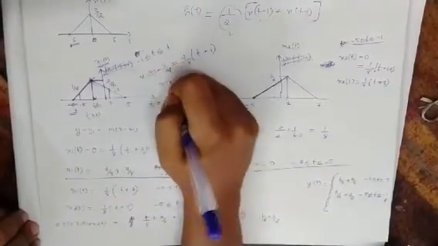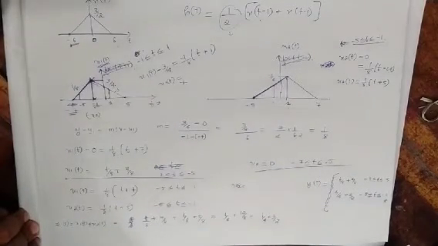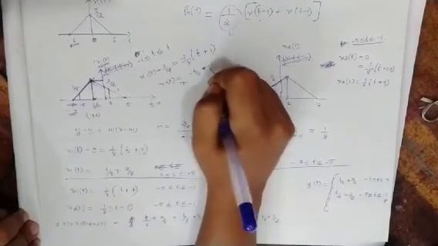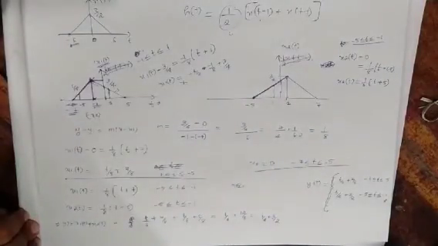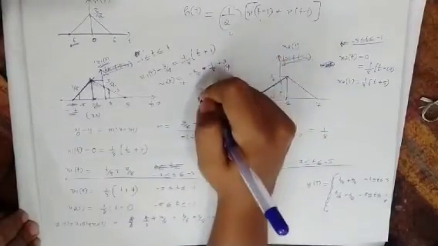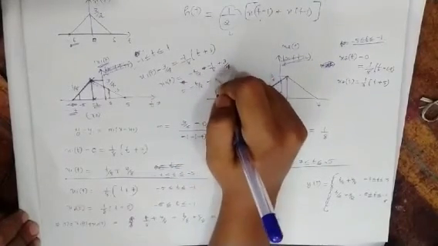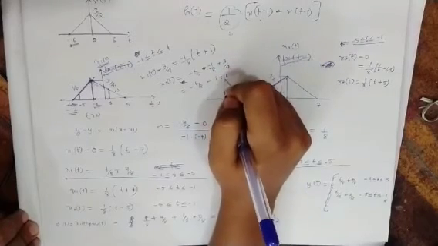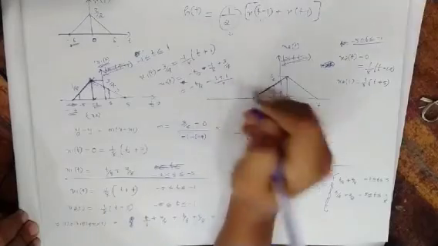Okay, so x1 of t will be equal to minus t by 8 plus, minus 1 by 8 plus 3 by 4. Is that clear? So, taking the LCM, we will get minus t by 8, minus 1 plus 6, divided by 8, right?